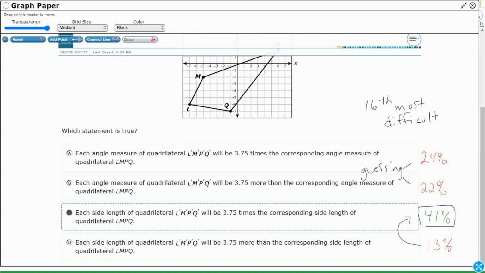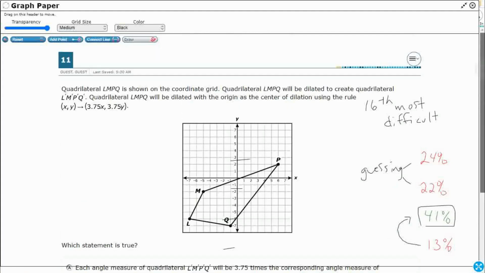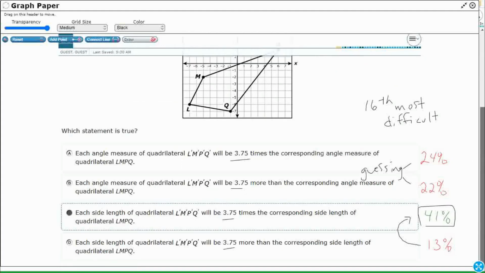Now, there's not a lot of clues here if you didn't draw that picture of that much larger dilation, right? Everything here says 3.75. So that is the only number that's actually in the problem, right? That 3.75, they give you that rule up there. So you can't eliminate an answer because they don't say 3.75, right? And it's just a lot of words rather than mathematical expressions.